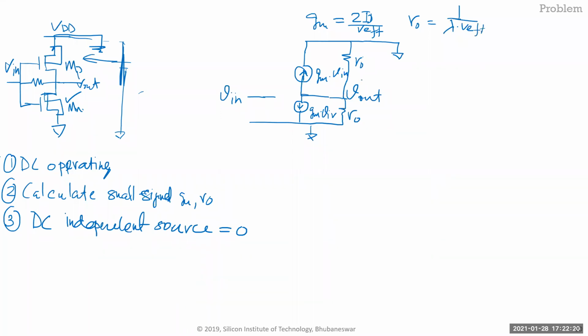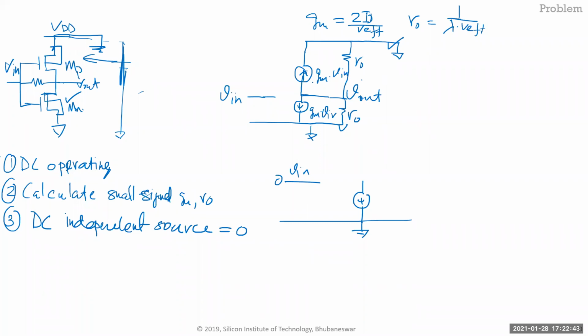Now let's take this circuit and simplify it. Simplified in the sense, this is ground, right? So I'm going to just redraw it. This is V in, and this is your ground. So you have GM V in going from here to here.